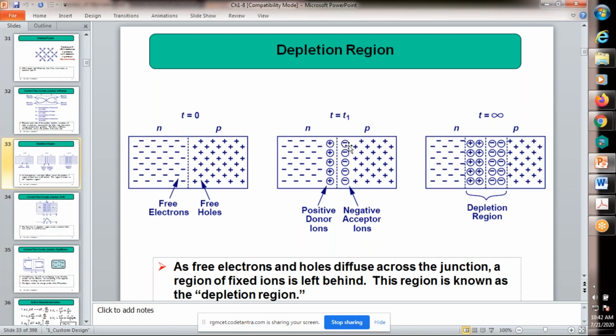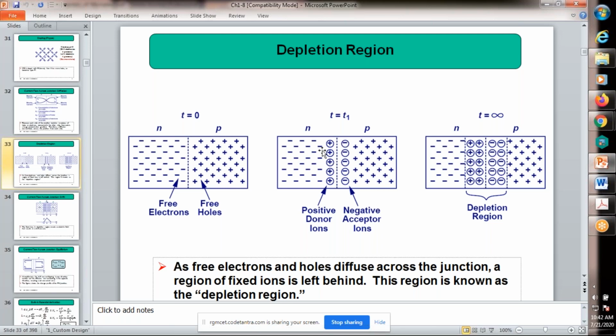Similarly, what happened on the right side, the P type? In P type, the covalent bond is completed. What about here? Boron has 3 electrons, 3 protons. Now one extra electron is added to form a complete covalent bond, and there are no free charge carriers. Here a minus enclosed within a circle is a negative ion.